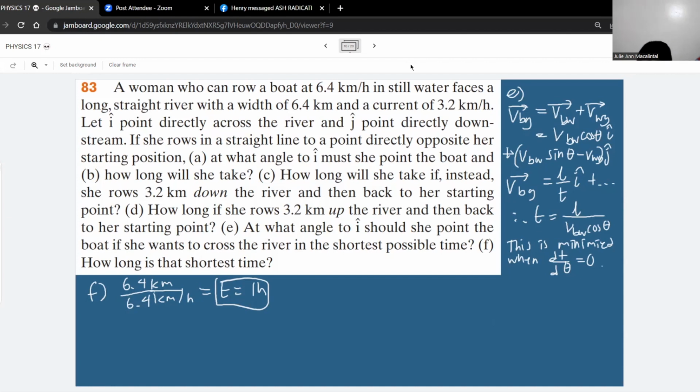Okay, so kasi, let's say iba-ibahin natin yung angle, di ba? Tapos yung least possible time, hindi, ganito.